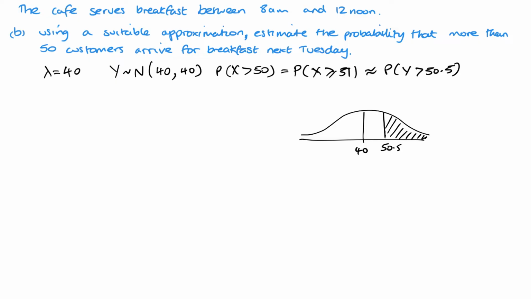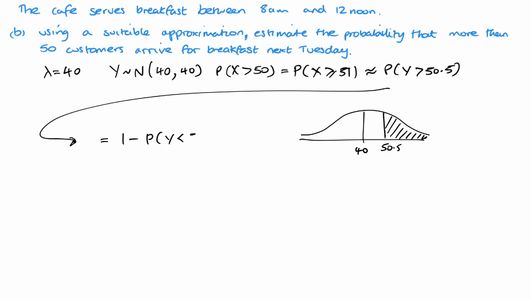So this is going to be equal to 1 minus Y being less than 50.5. Remember, with normal, it doesn't matter if I have an equals or not an equals with my inequality, because it's continuous data. So now I've got that, I need to turn it in terms of z.